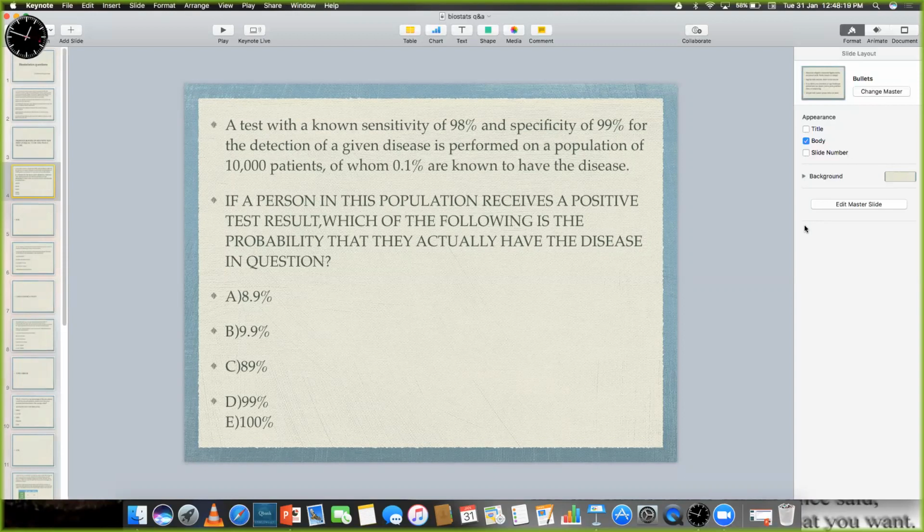So that is A. The positive predictive value is A by A plus B, which is 9.8 divided by 100 plus 9.8.